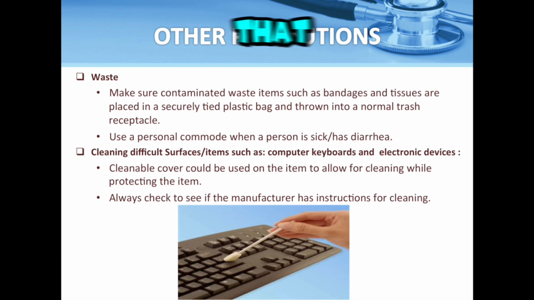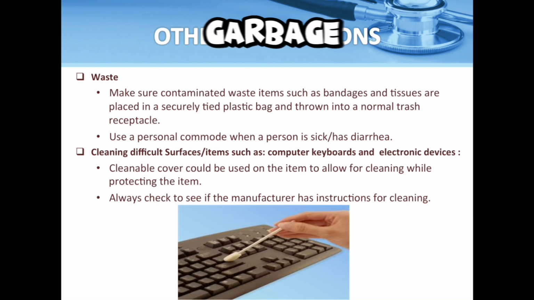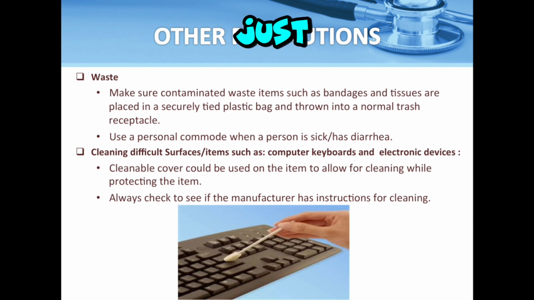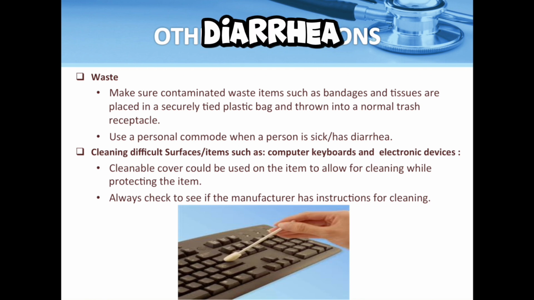Other precautions that are important to notice is how to dispose of contaminated items. Please put them in a tight plastic bag and tie them up before you put them in the garbage. Whether it's a bandage or gloves that you just used, it's good to tie them up before you put them in the garbage. Use a personal commode for somebody who's having diarrhea until you know exactly what's going on with them.